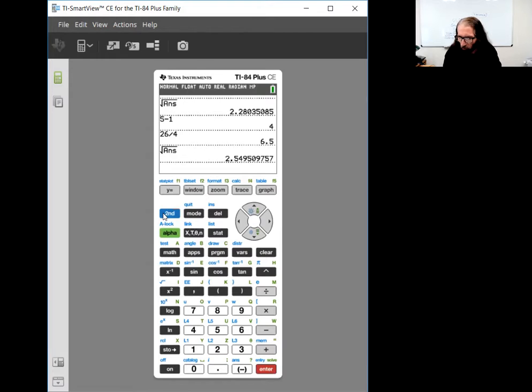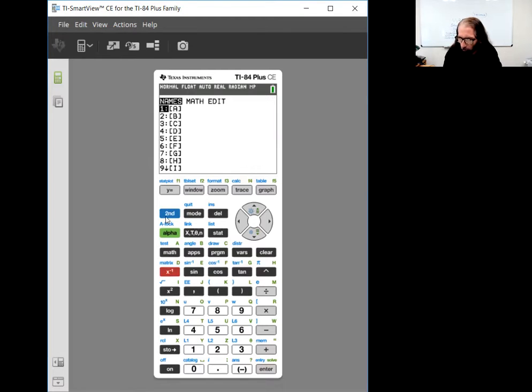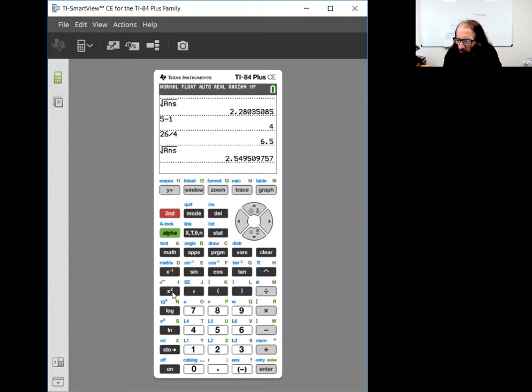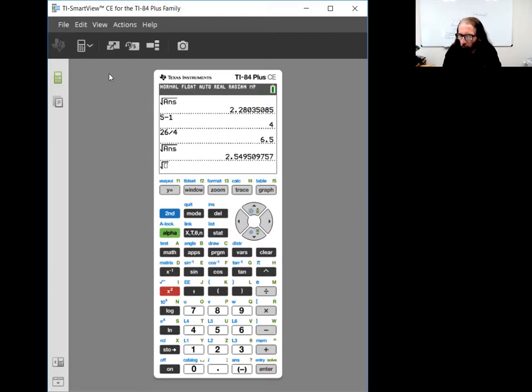Notice this could be done all at once. For example, for the sample standard deviation, we could type that total, divide by, and then put parentheses around what we're dividing by.